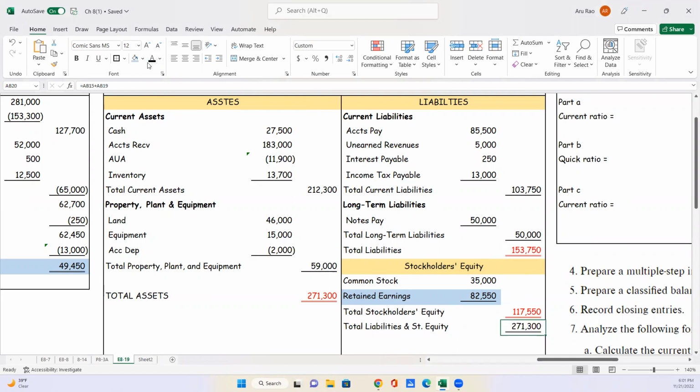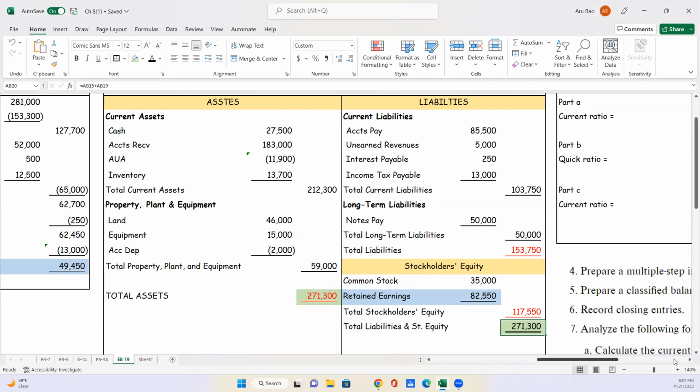And it has to be the exact same number that we had over here. Running out of colors over here. Let's do this. Total assets must be equal to total liabilities plus stockholders' equity. So we are good with all of that. So we are good with our financial statements.